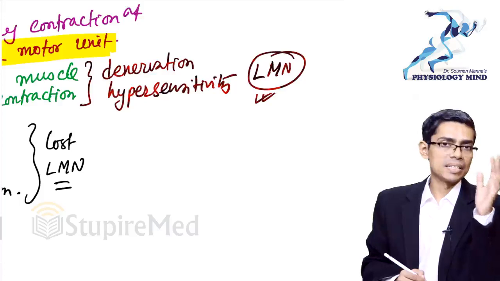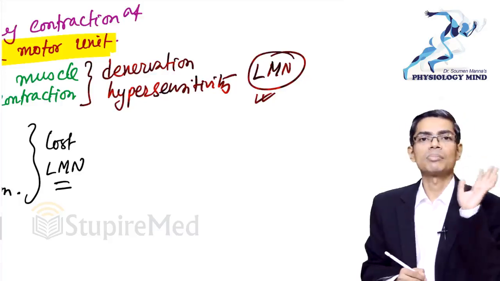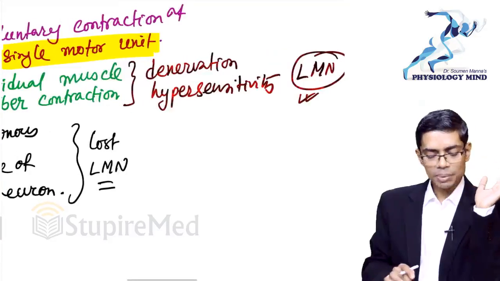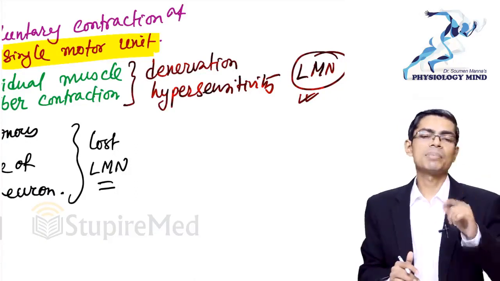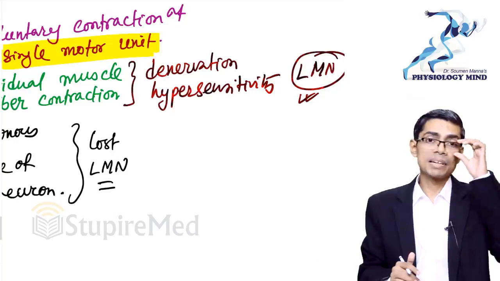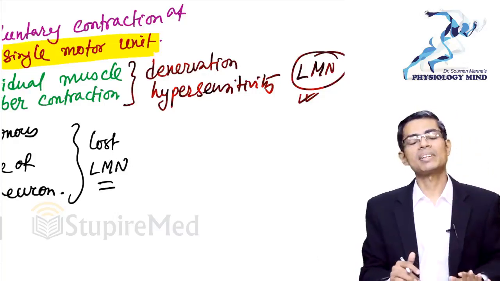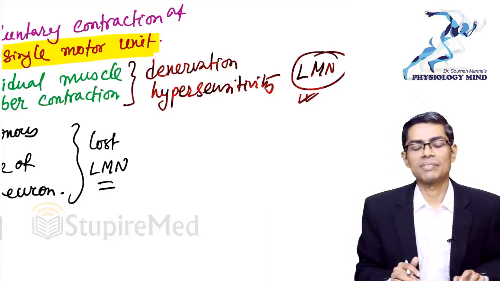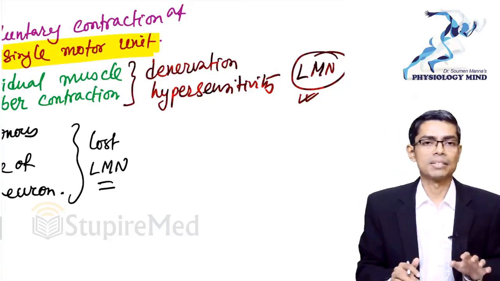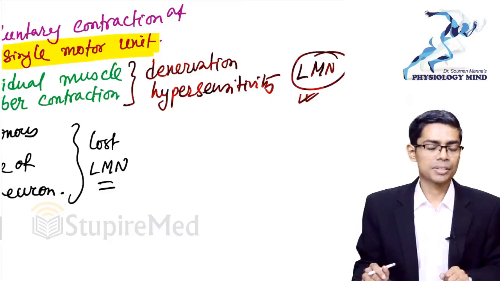Initially fasciculation will be there, later on fibrillation. So do you think this fibrillation will be visible from the surface of the muscle? Answer is no, because a single muscle fiber is contracting. Single muscle fiber contraction will never be visible from the surface. You have to detect it with the help of EMG, electromyographic recording. This is known as fibrillation and fasciculation.